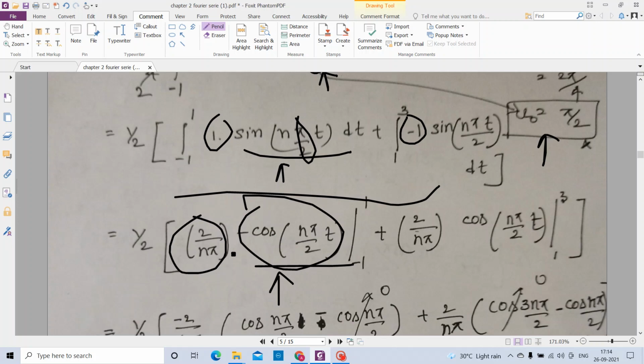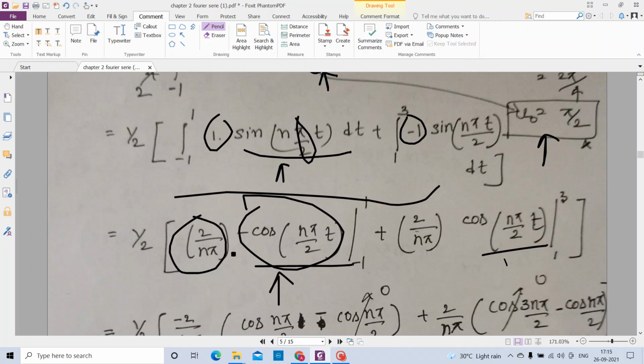Similarly, the integral of sine theta is again minus cos theta, right? Here I have minus 1, so that minus cos theta becomes plus. So cos of n pi by 2 into t, divided by n pi by 2. Here also, I have taken out the n pi by 2 for simplicity, so it becomes 2 divided by n pi.